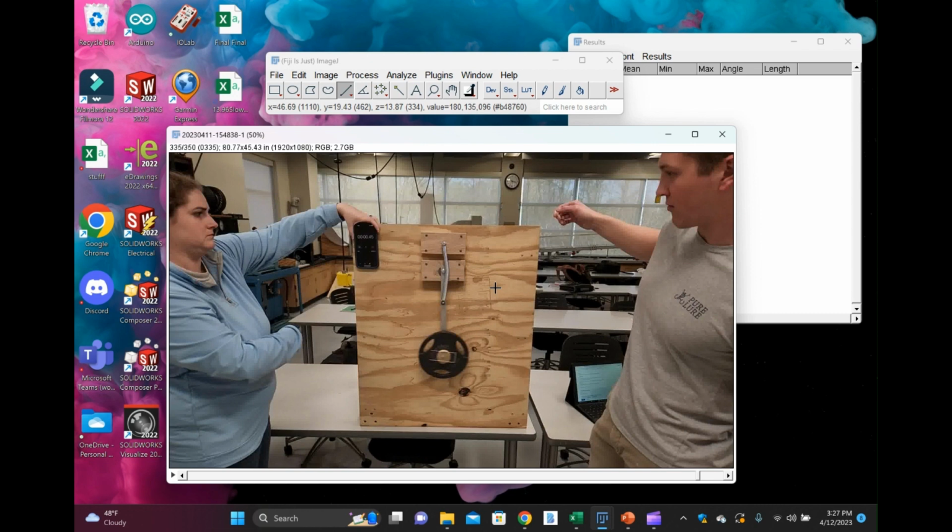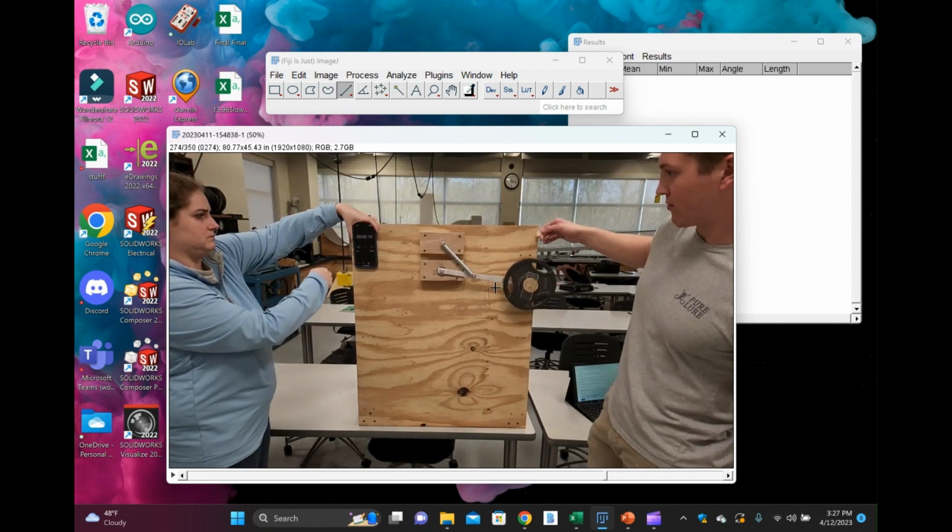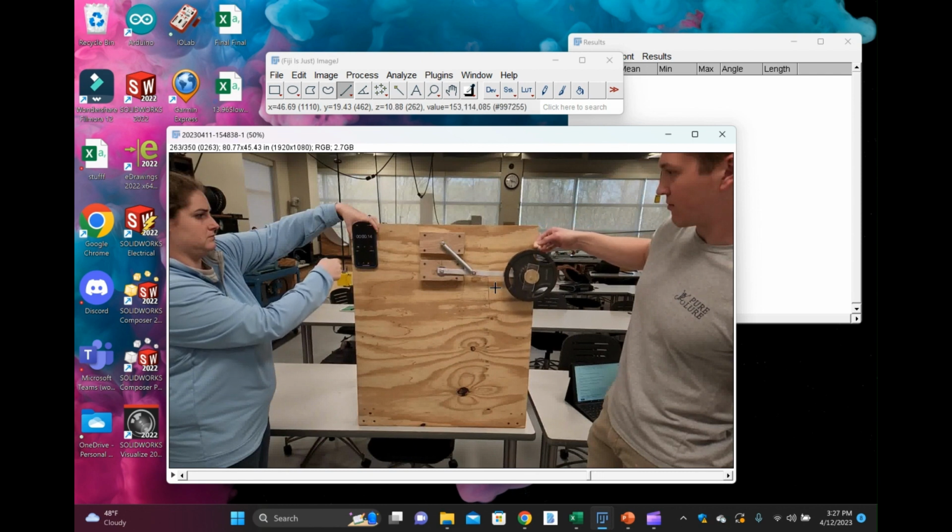In order to find our velocity, because it's not a constant velocity, we're going to find 10 data points along this path, starting at 255. We're going to put our cursor here in the middle of this weight, and then we're going to cycle 8 frames and then draw a line between them to find the distance that it traveled. 1, 2, 3, 4, 5, 6, 7, 8.